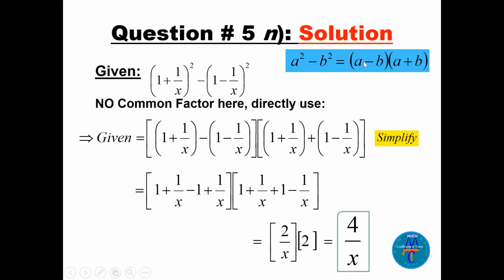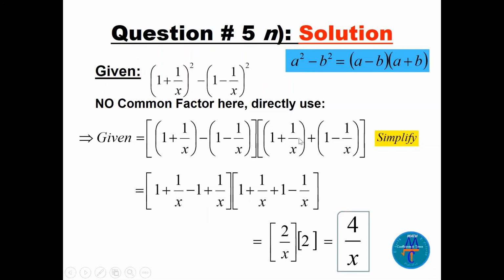Remember this formula? Difference between two squares. You can put x squared minus y squared. You can put a squared minus b squared. You can put m squared minus n squared. This is only variables or letters. Now, this one here, see, this is a. So I can write 1 plus 1 over x, bracket.